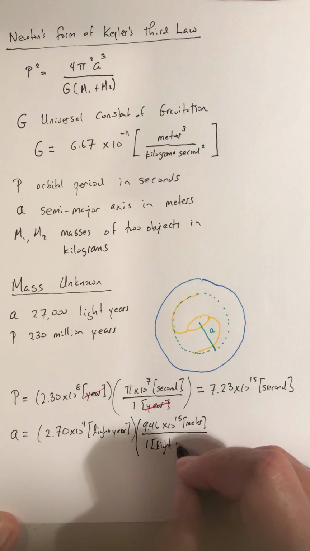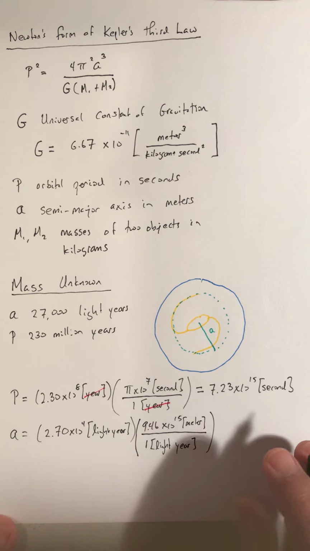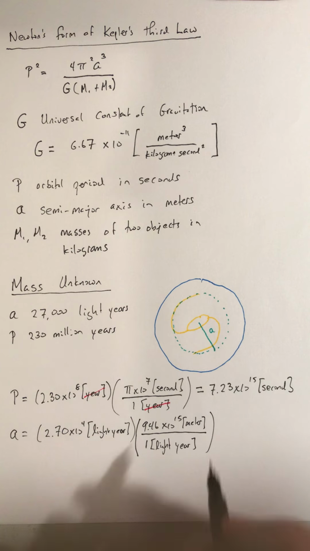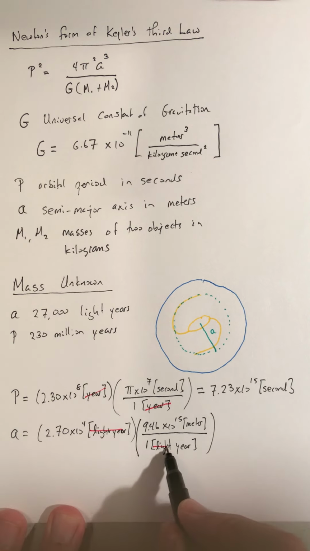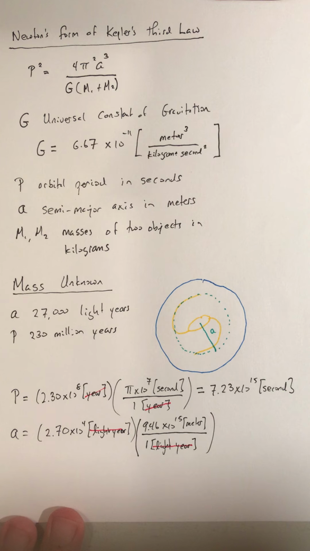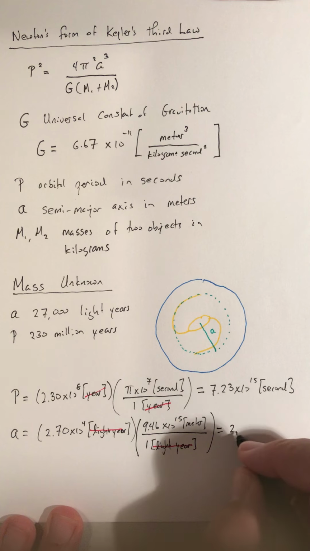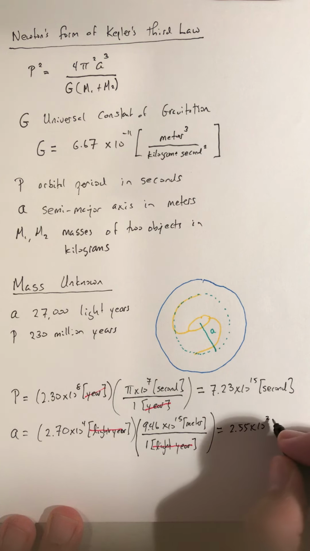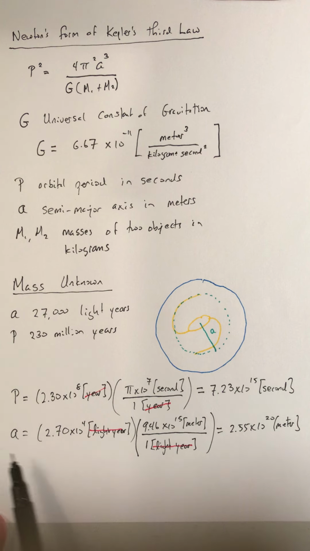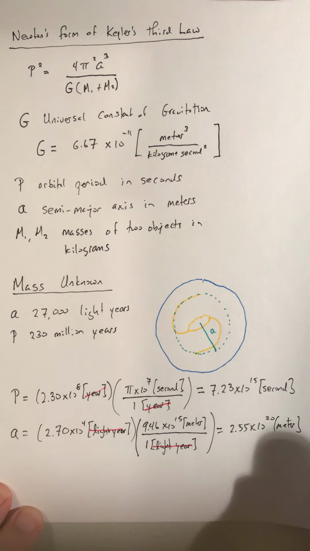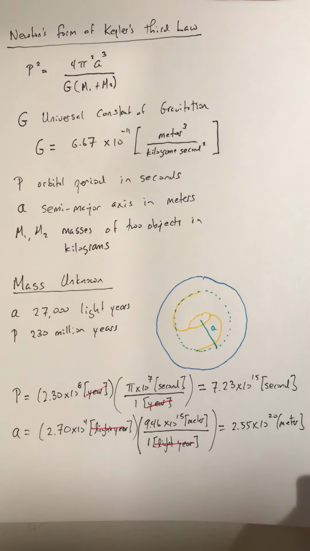So just multiplying by 1, and a way to get the units the way we want, and light year cancels out with light year, so that's all good. That's going to give us 2.55 times 10 to the 20th meters. All right, so I've got a period in seconds, semi-major axis in meters. We're ready to apply Newton's form of Kepler's third law to measure the sum of the masses, m1 plus m2.